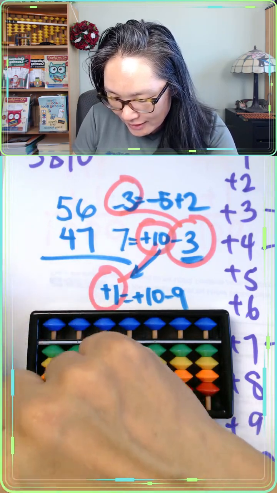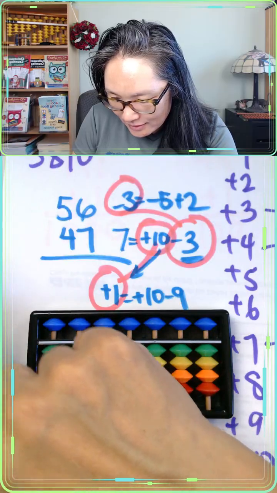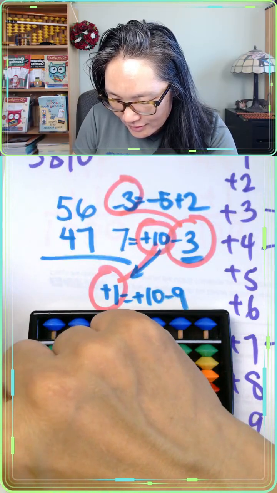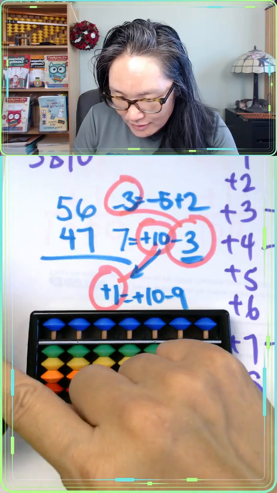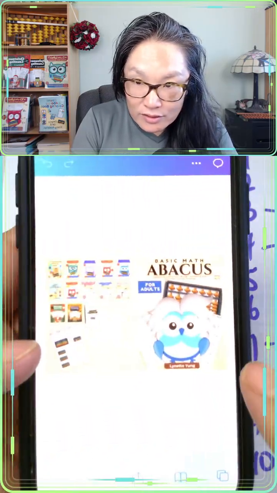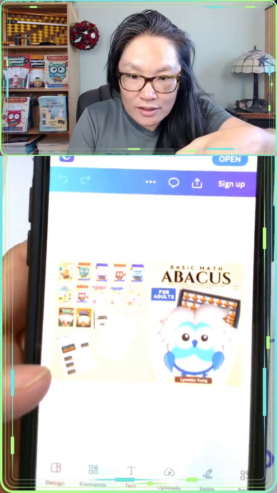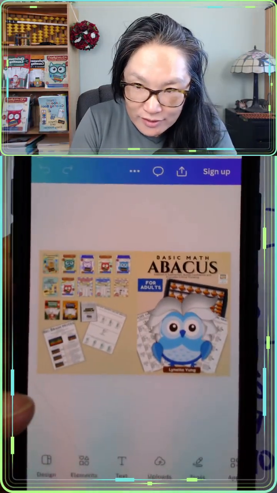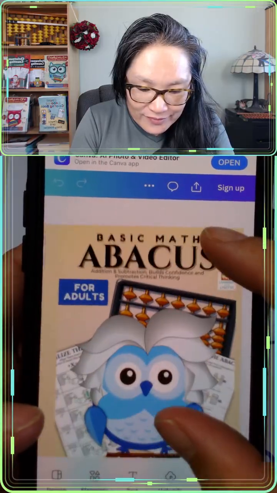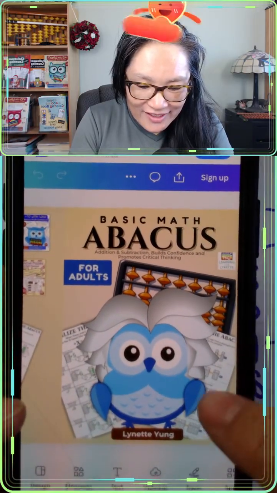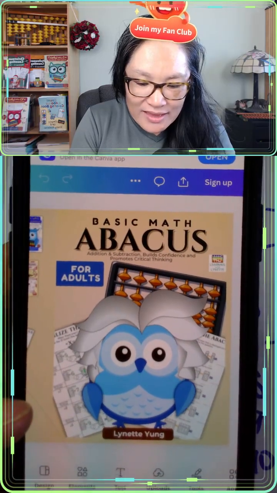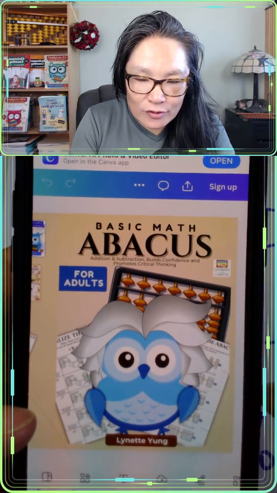It's going to look like this. That's what it looks like. I don't know if you can see that. There's my new book: Basic Math Abacus for adults.